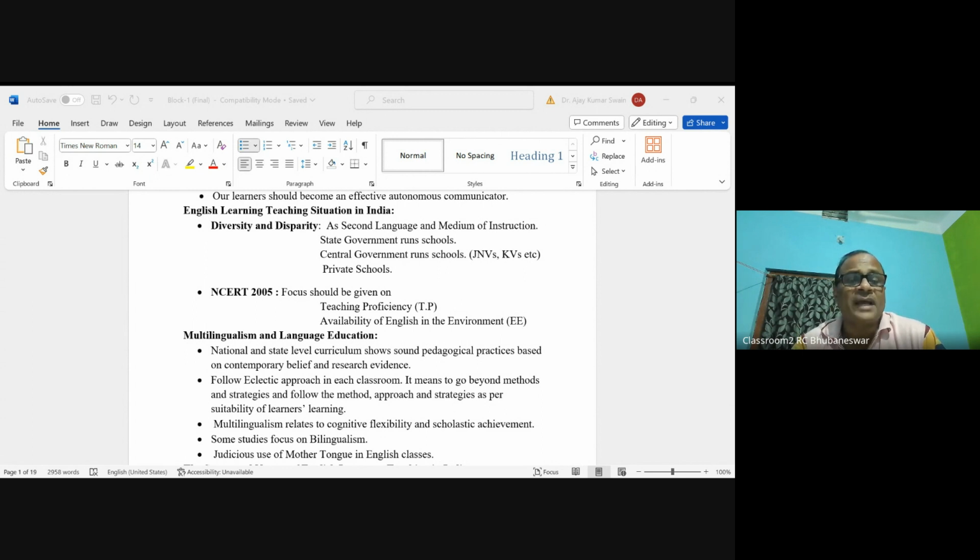NCERT 2005 gave focus on teaching proficiency. Another is availability of English in the environment. Remember, this is very important. One is teaching proficiency. What do you mean by teaching proficiency? Who can say? What is teaching proficiency?